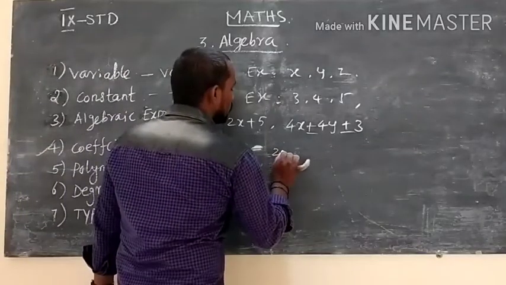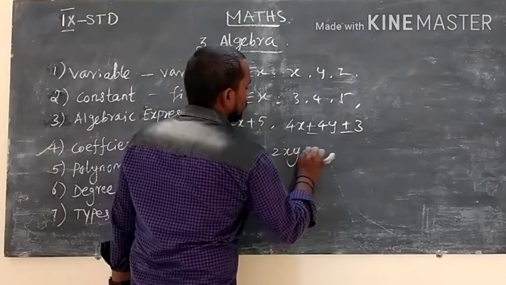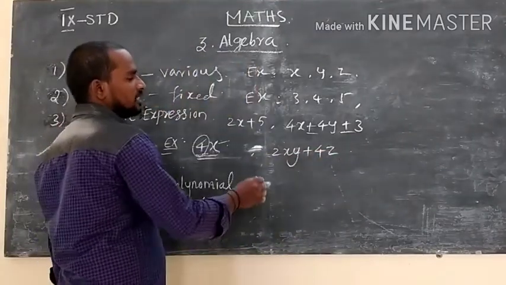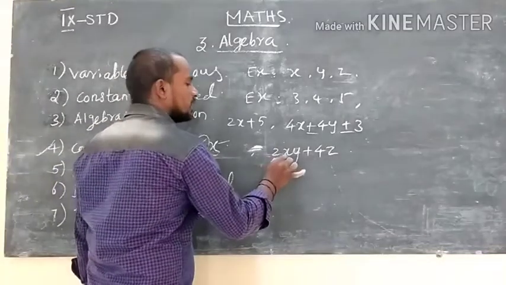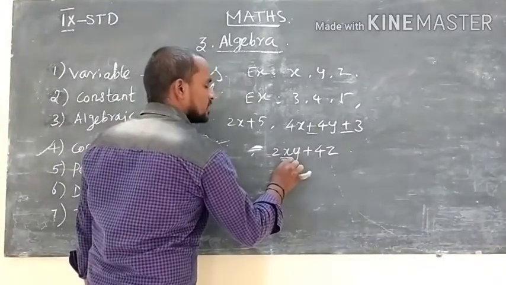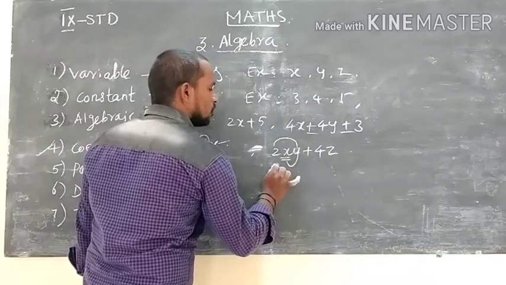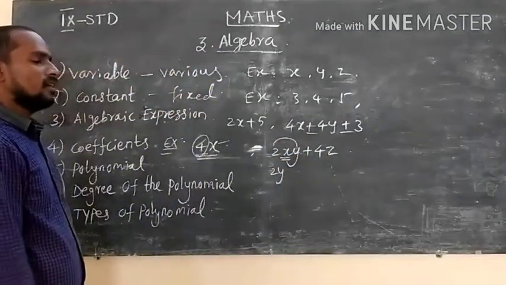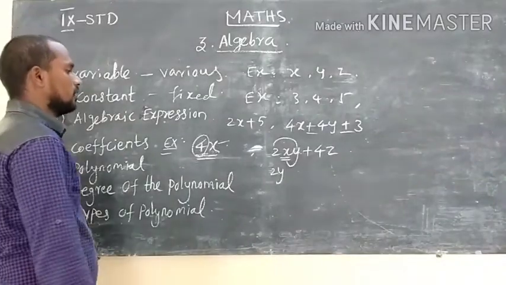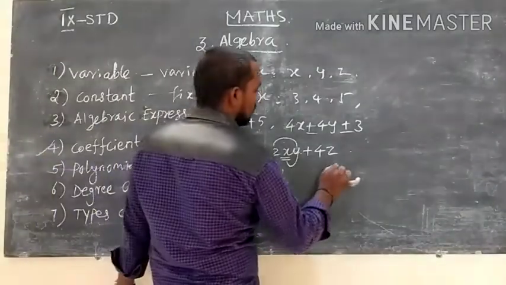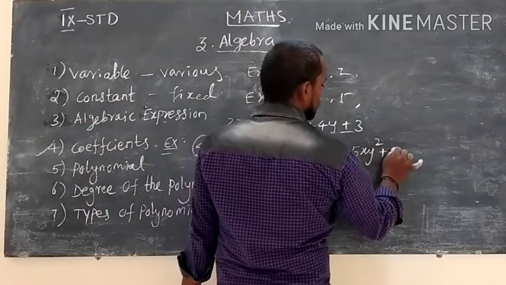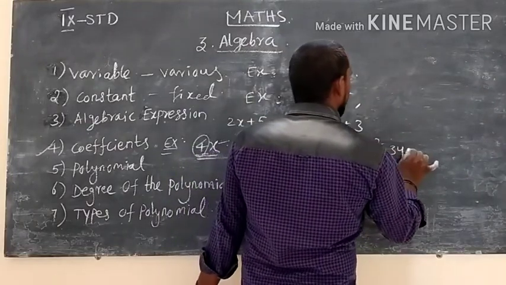Suppose 2xy plus 4z. The question is, what is the coefficient of x? The coefficient of x is the remaining portion except x. The coefficient of x is 2y. Then one more example: 5xy square plus 3y.